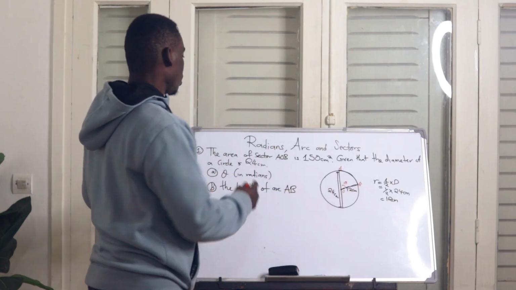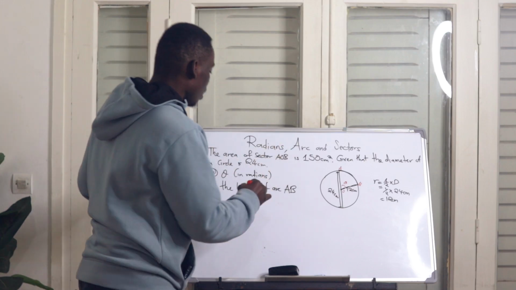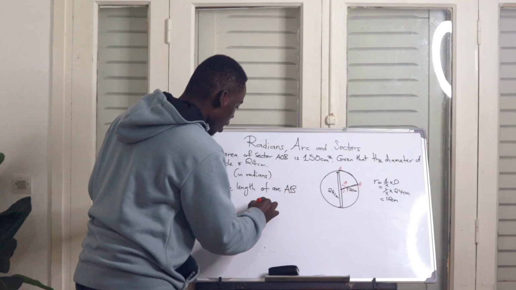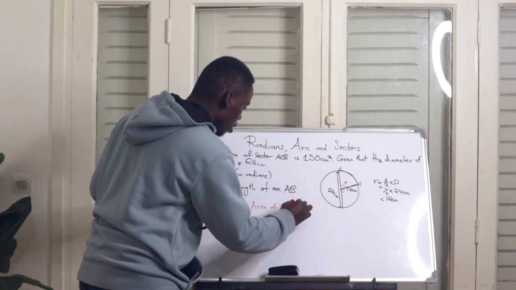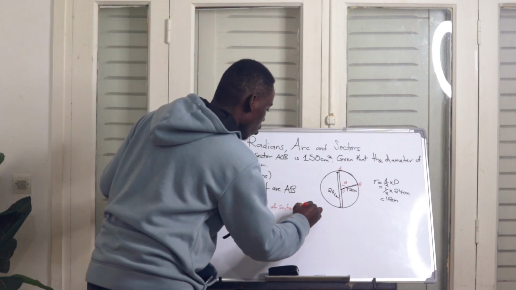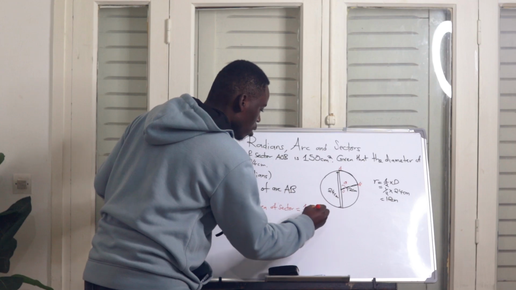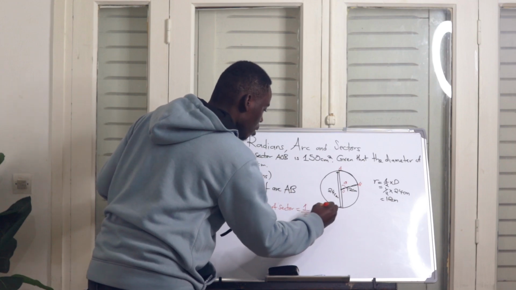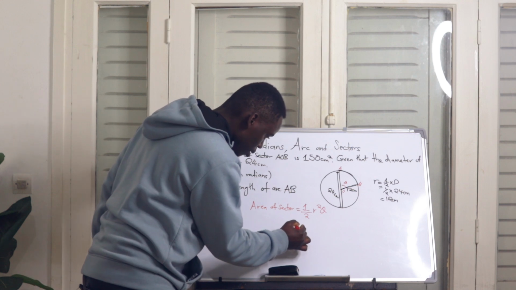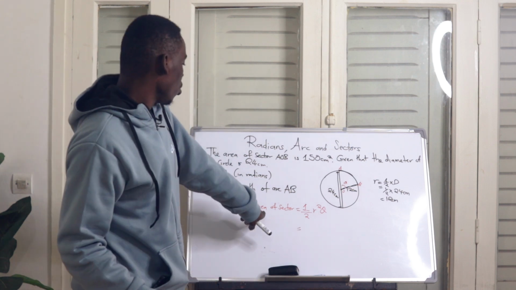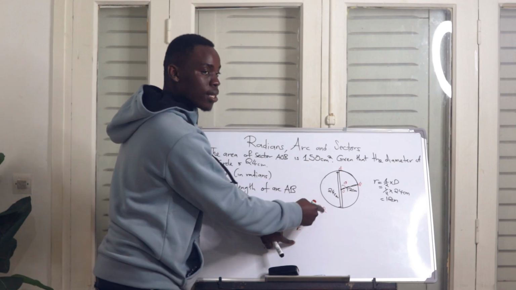Our question is that the area of the sector is 150 centimeters squared. Since we know that the area of a sector is equal to 1 over 2 r squared theta, and knowing that our area of the sector is 150 centimeters squared, we're trying to find theta.